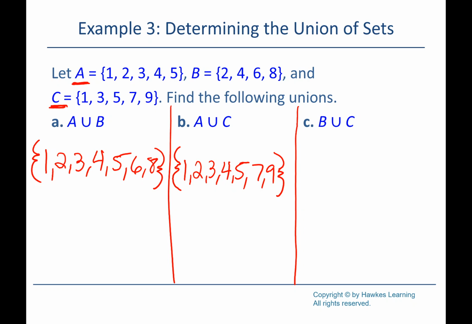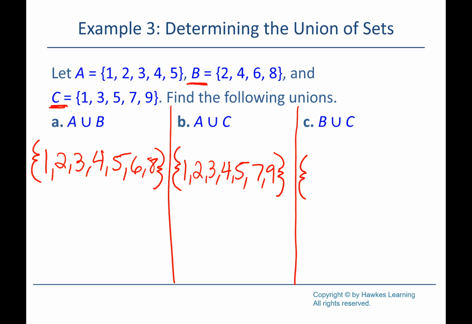And you probably got it by now, but we might as well do the last one just because it's on here. This time we're doing set B and C. You could do it the way I've done the other ones. You start out listing set B: 2, 4, 6, 8. But on this one, you might notice something. It doesn't matter what order you write them in. B's got even numbers and C's got odd numbers.